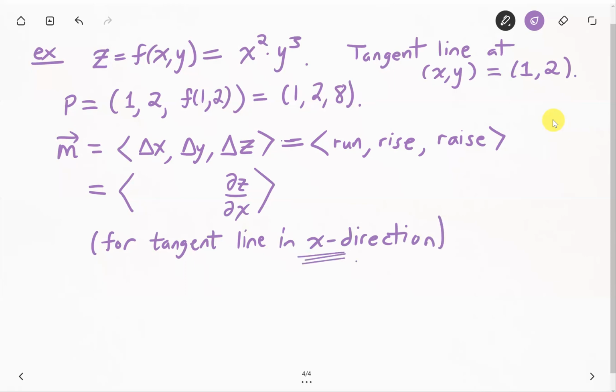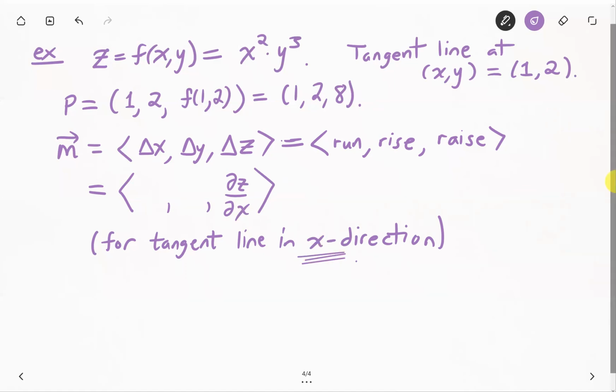And we're going to get a slightly different formula for tangent lines in the y direction or in other directions. And so when we're calculating the slope vector, the last component, the raise, is going to be the change in z as we go along the x direction. That's why we have the delta x down here. This delta x is because we're interested in the x direction.